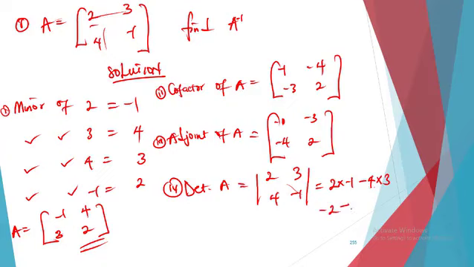Minus 4 times 3 is minus 12. We have minus 14 as our determinant of A.